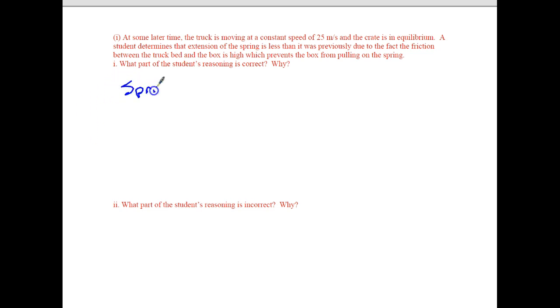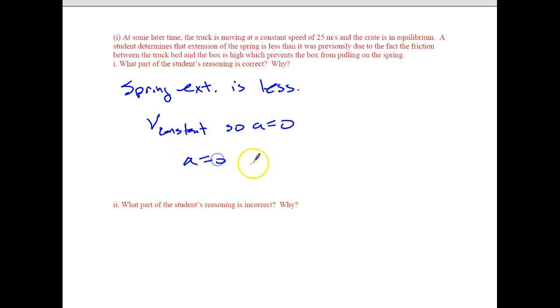Here the spring extension is less, and the reason we know is the velocity is constant, so your acceleration is equal to 0. If your acceleration is equal to 0, there should be no stretch in that spring.